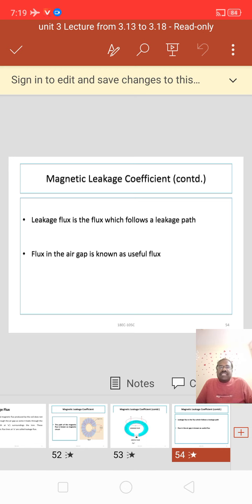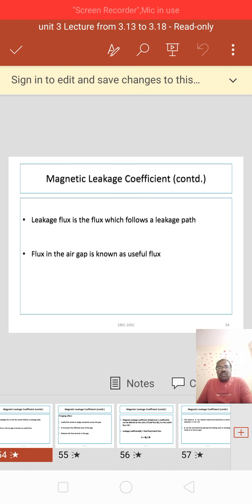Next, leakage flux is the flux which follows a leakage path. The flux in the air gap is known as useful flux.